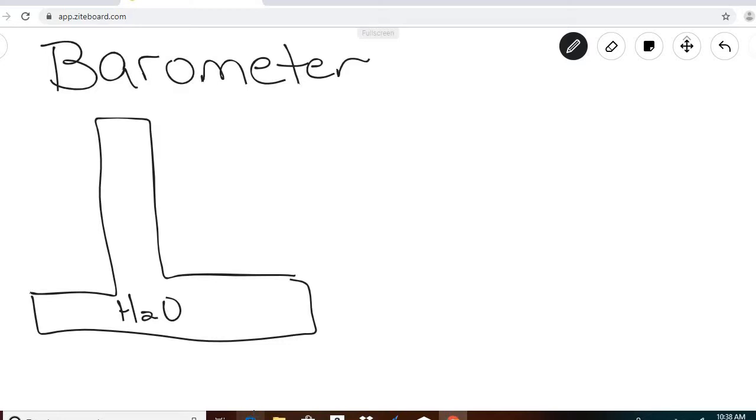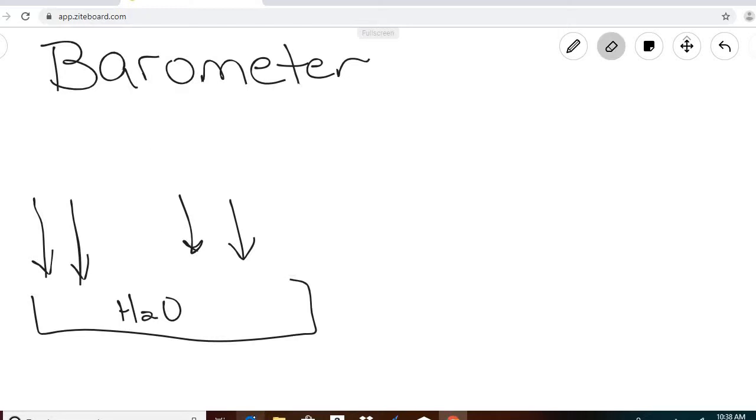In the picture there are arrows pointing down like this.